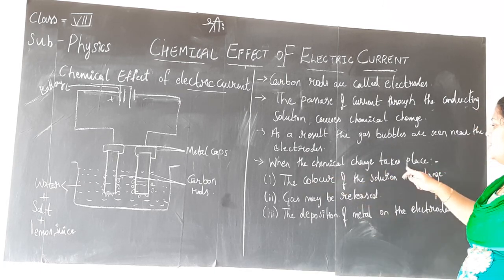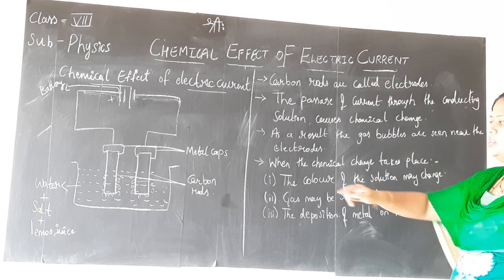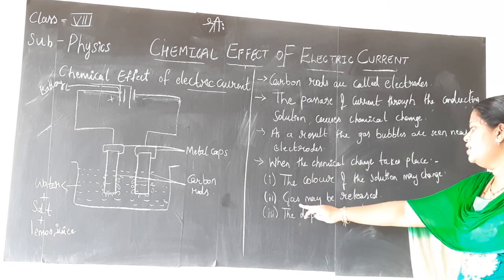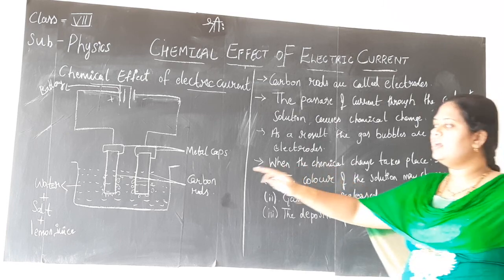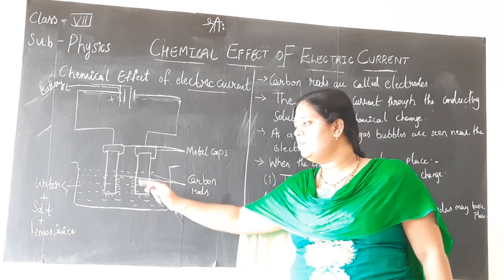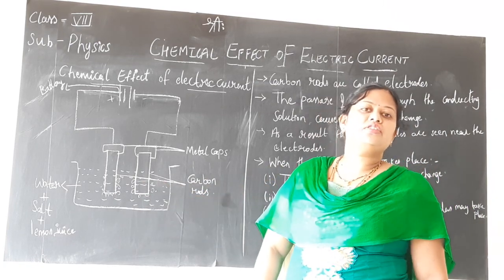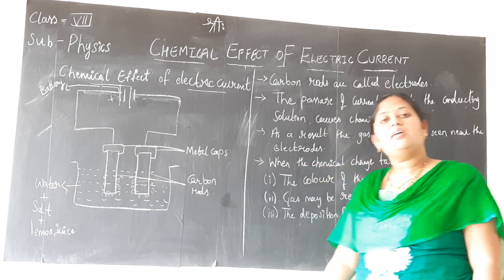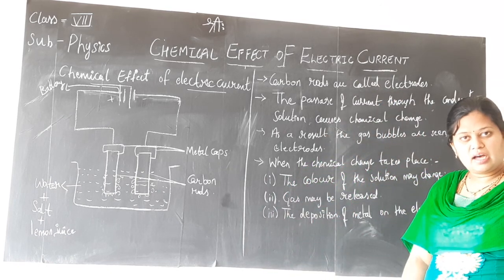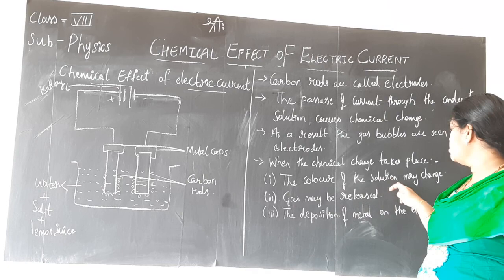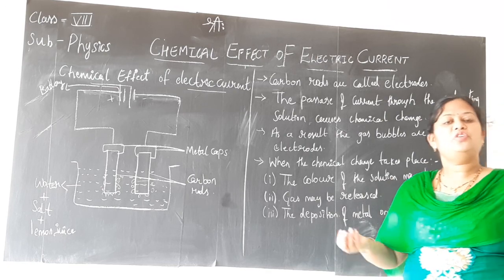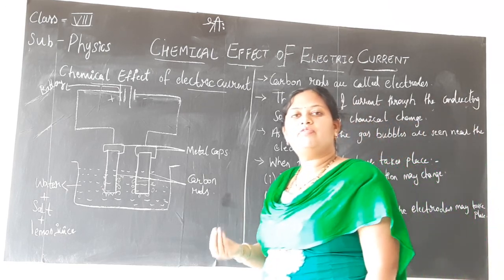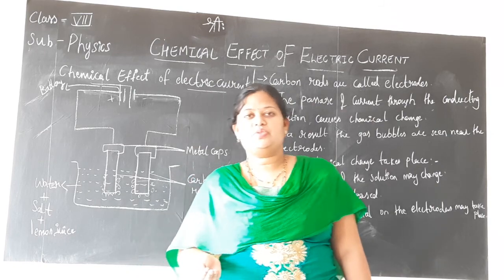When the chemical change takes place, what change did we observe here? Gas may be released. Here the gas is released. Hence the gas bubbles are formed near the electrodes. The other chemical changes that can take place are that the color of the solution may change. You have learned this in performing experiments in the chemistry lab, isn't it, children?